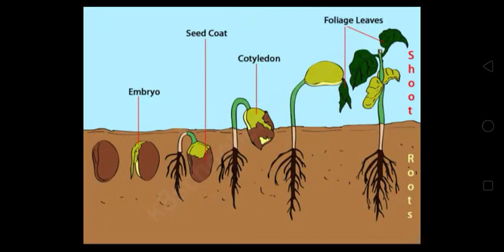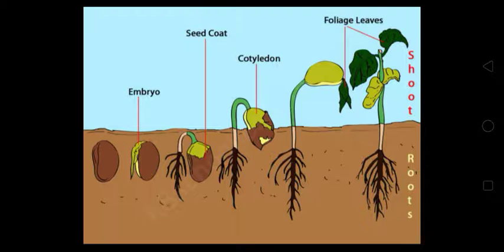As you can see in the picture, seed germination. It's a process through which a seed germinates into a plant. So let me discuss with you how seeds germinate. If seeds get the right amount of water, air, sunlight, and warmth, they produce a baby plant called a seedling. The process by which a seed grows into a baby plant or a seedling is called germination.